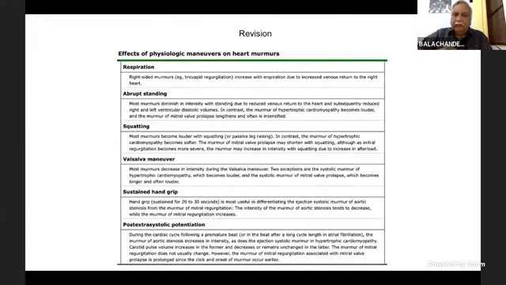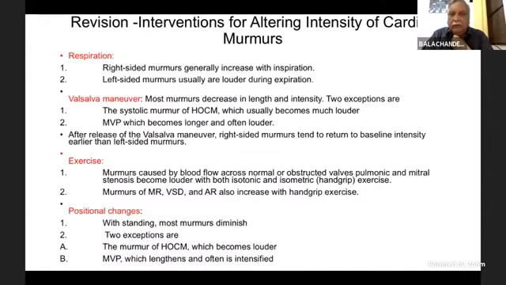I think this slide is taken from UpToDate, so it's easily available for all of you to see, those who have access to UpToDate. The effect of respiration, abrupt standing, squatting, Valsalva maneuver, sustained hand grip, and post-extrasystolic potentiation. So it very nicely gives you all the details. And so what are the interventions for altering the intensity of cardiac murmurs? One is respiration.